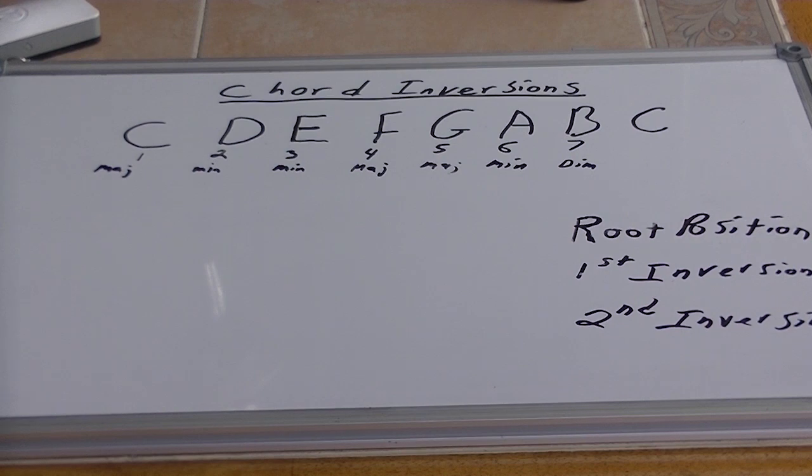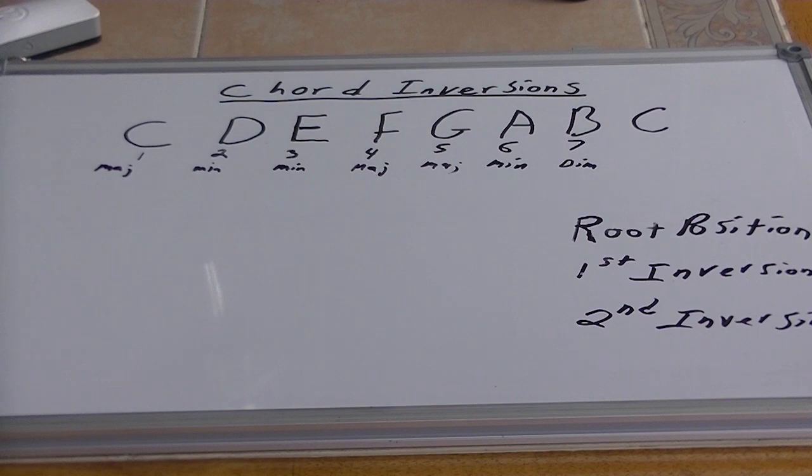We have the C. And I want you to apply that open string fingering that we have. And what I want to do is analyze the notes that we are playing.